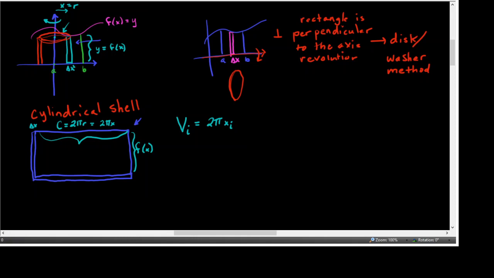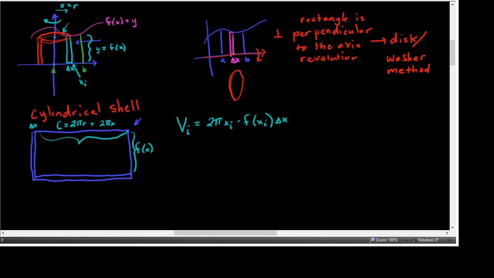It's the x value where the rectangle is touching the curve, x sub i. That's the length times the width, which is f of x, whatever that happens to be. I'll call it f of x sub i. And what we'll do there is substitute whatever the actual function expression is. Times height, which is delta x.